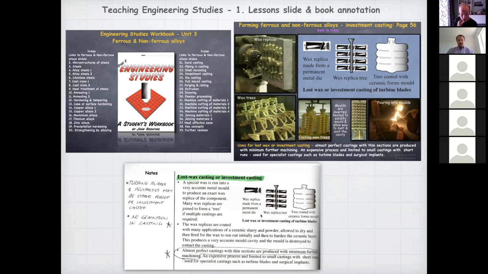And anything that's not in the book, they annotate down here. So I say no grain flowing casting, and turbine blades and prostheses may be either forged or investment cast. And so that's the added information that I get them to annotate in this book.